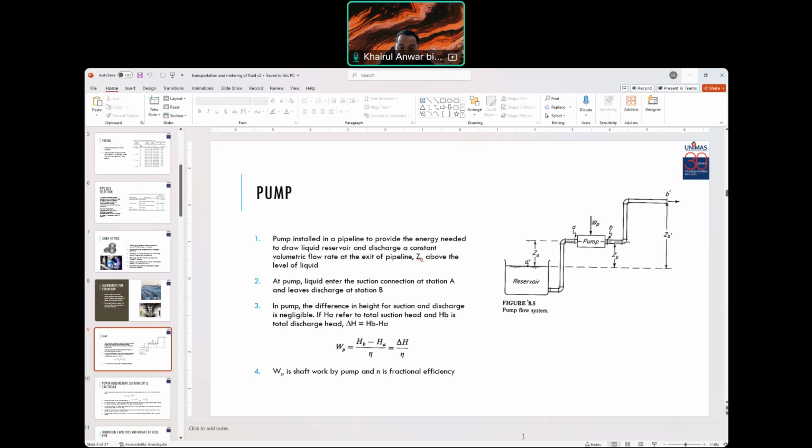At the pump, liquid enters the suction connection at station A and leaves the discharge at station B. In a pump, the difference in height for suction and discharge is negligible. So if H_A refers to the total suction head, H_B is the total discharge head. So delta H equals H_B minus H_A. W_P is the shaft work by the pump and N is the fractional efficiency. So H_B minus H_A equals W_P over the fractional efficiency.